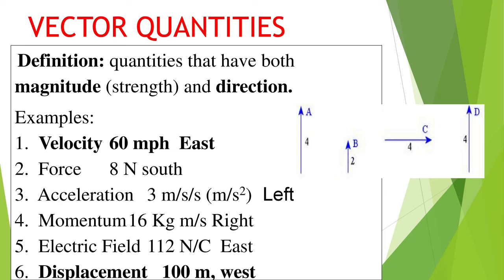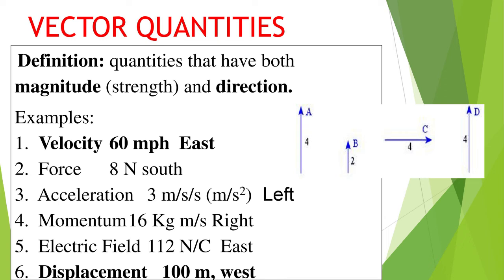It can be any direction. So 60 or maybe 80, it can be 100, it can be east, north, west, south, it can be anything. Similarly, when we talk about force, force is 8 Newton in the south direction. South means downward, whereas north means upward. Usually we take north as upward and south as downward. So 8 is the magnitude and south is the direction.